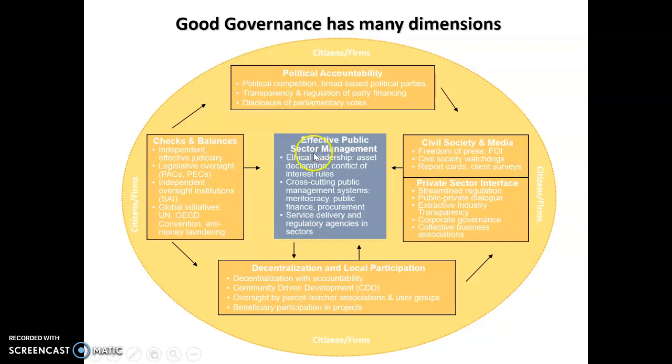All of these should be connected to effective public sector management: ethical leadership, asset declaration, conflict of interest rules, then cross-cutting public management systems, meritocracy, public finance procurement, service delivery, and regulatory agencies in the sector.